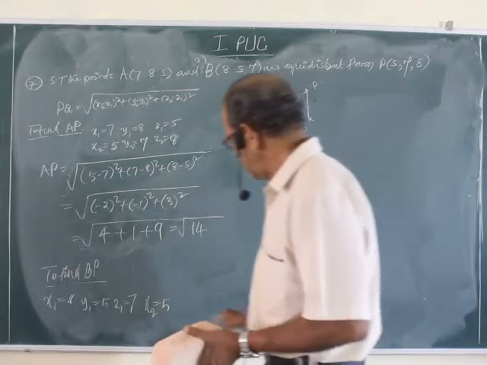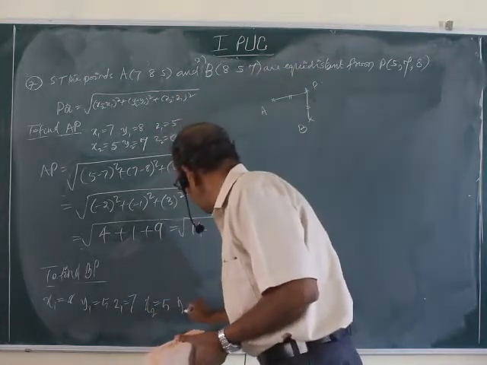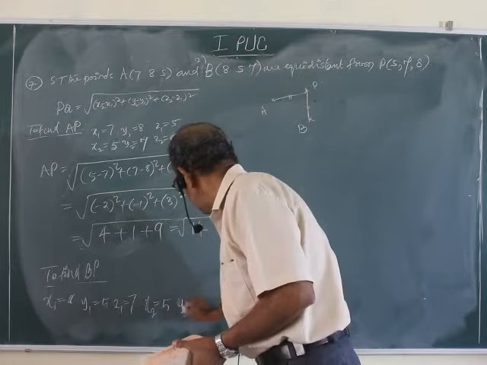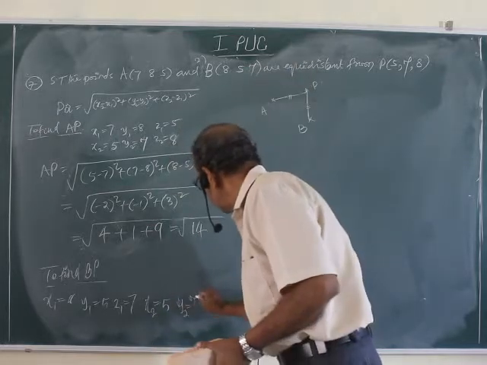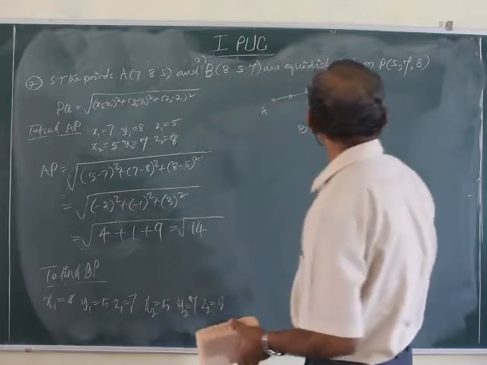But x2 is 5, y2 is 7, z2 is 8. Now it is correct.